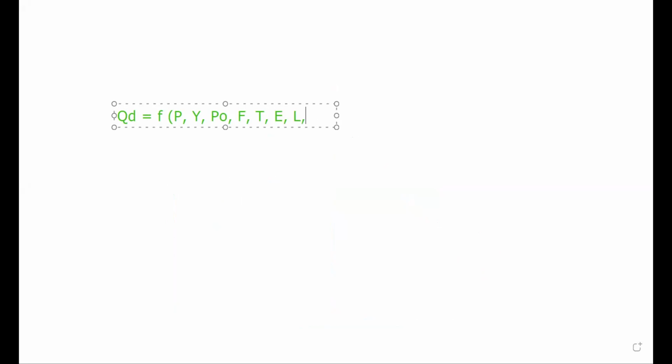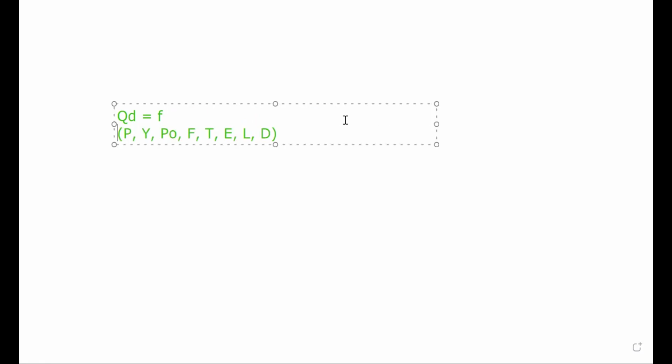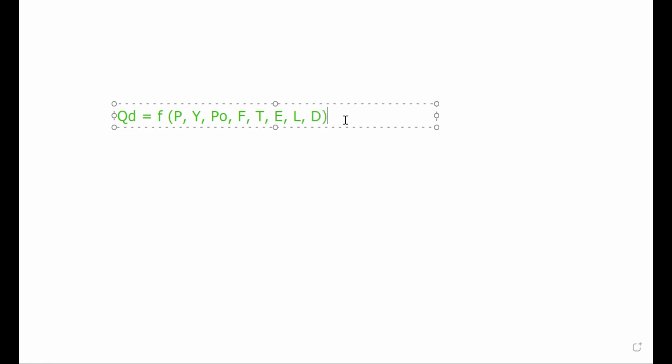We have location and also a dummy for gender, and so on. So we have here 1, 2, 3, 4, 5, 6, 7, 8, 9 parameters.